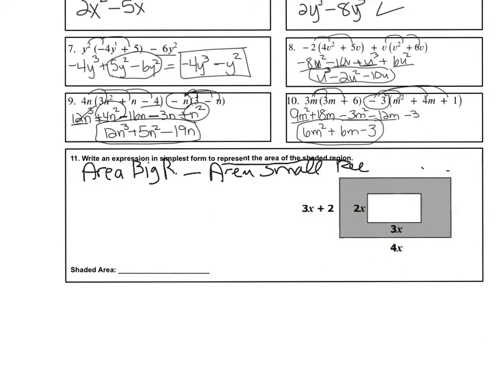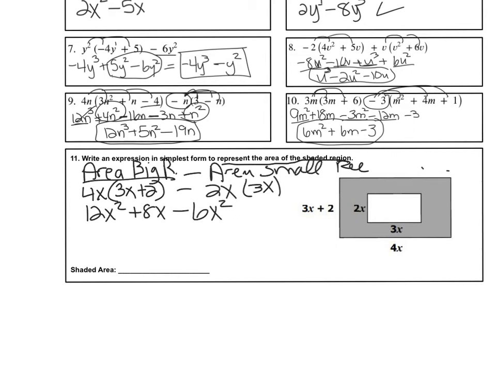Okay, so the area of the big one is 4x, length times width, 3x plus 2, minus the area of the small one, 2x times 3x. So that's going to be 12x squared plus 8x minus 6x squared. So the shaded area is going to be 6x squared plus 8x.